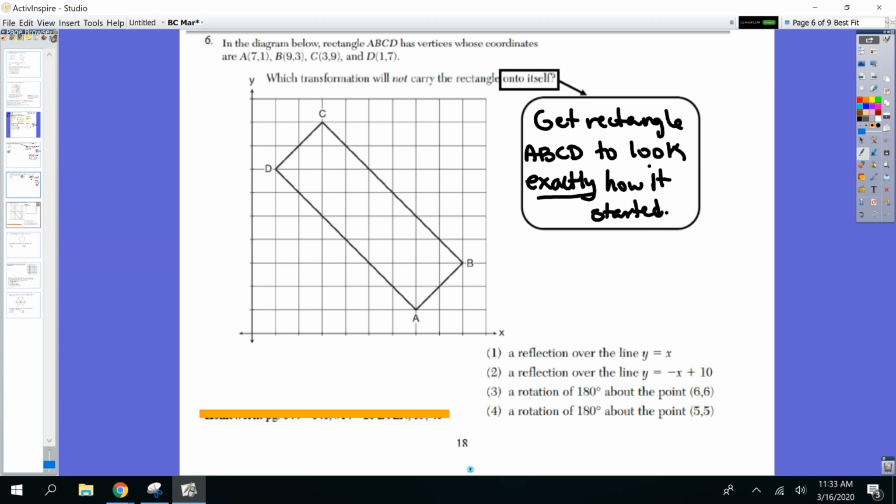Okay, so everyone sees rectangle ABCD. I need to get one of these 4 choices. We'll get that same rectangle with the A, B, and C in the same exact points.